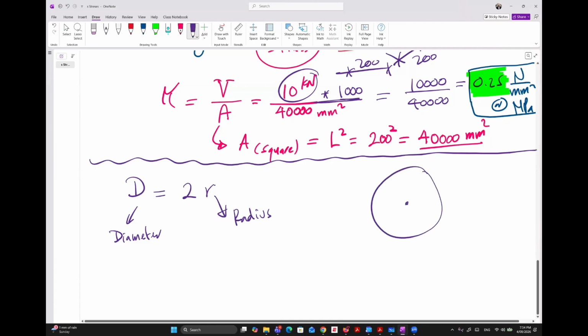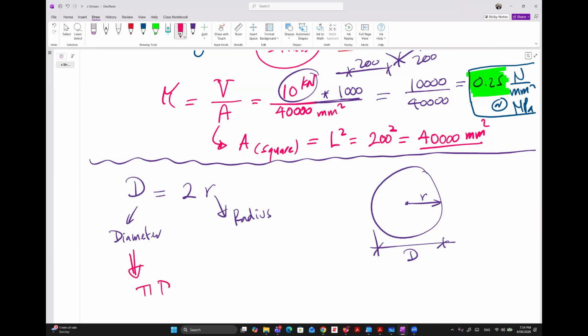So if this is the radius, the diameter is 2 times the radius. So actually, it's up to you to use the formula for area by d squared divided by 4 or by r squared, because they are both identical equations, not different.